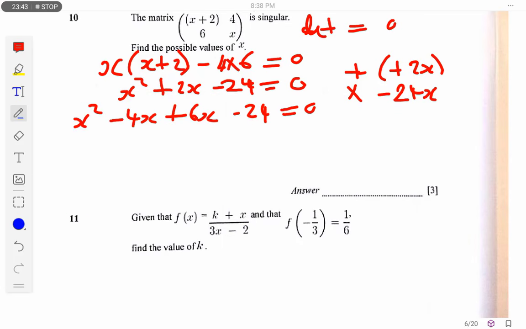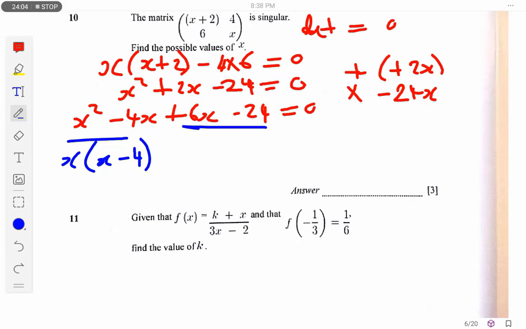When I have these two numbers, minus 4x plus 6x, I'll get 2x. If I multiply minus 4x times 6x, I'll get this. That's how I've done that. Now I'm taking factors for the first two terms and the last two terms. For the first one, I'll get x, with x minus 4 inside.